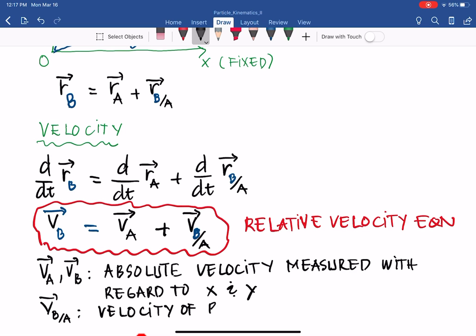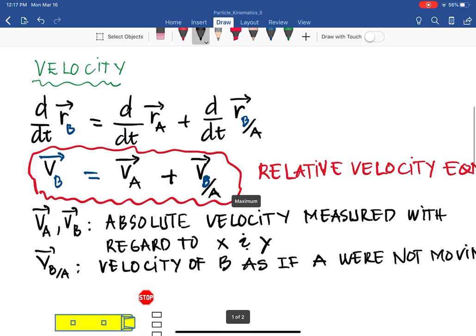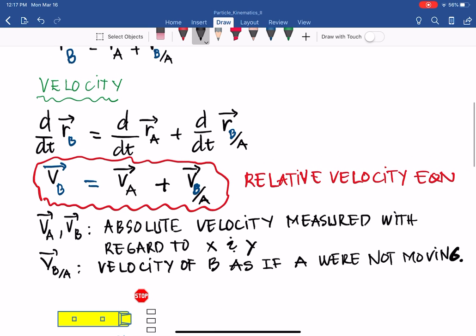So basically we have the velocity of B as if A were not moving. So basically that is the note about the relative velocity.